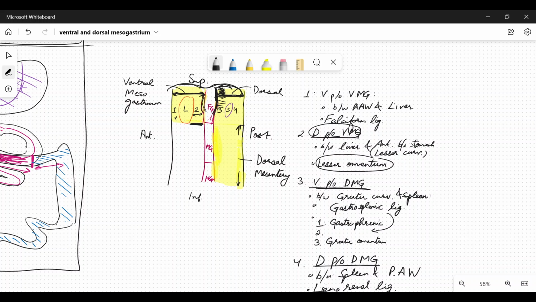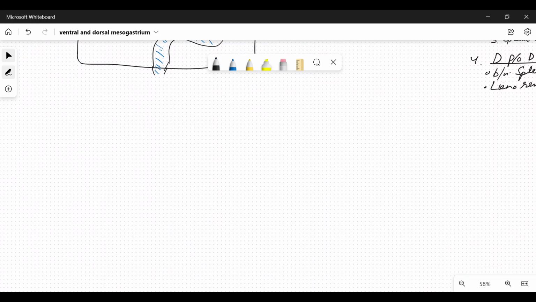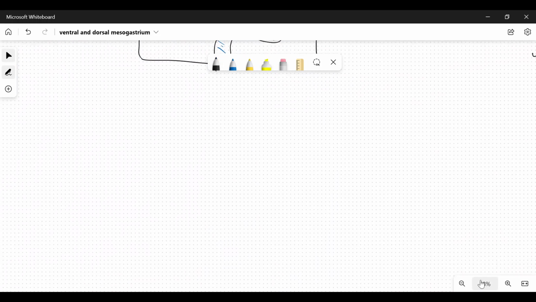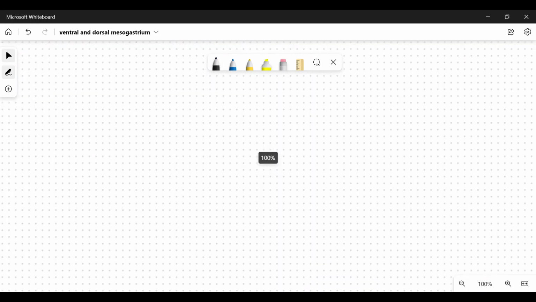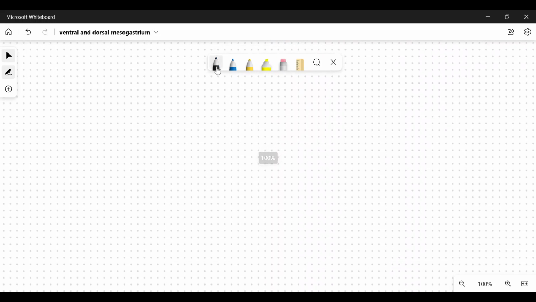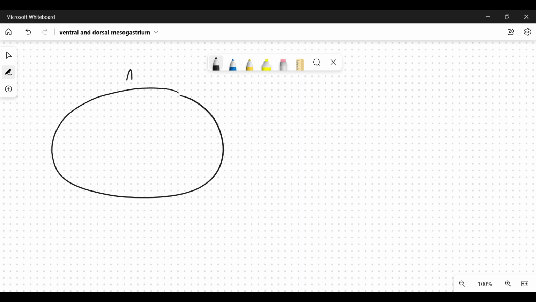Now what we will do is cut a transverse section through the body at this level and see what it will look like. Let me zoom to 100% level, and then we will see. Let us draw the transverse section of the body such that this is the anterior side, this is posterior, this is the right side of the body, this is the left side, so that we are looking at the transverse section from above.